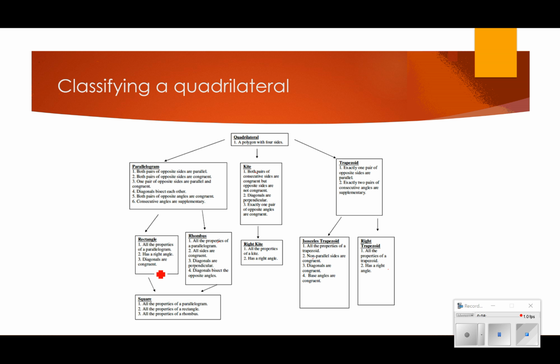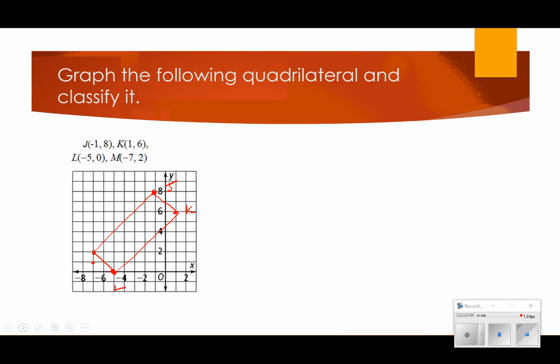And then we can decide if our opposite sides are the same, which we might just want to do. And then we've got to prove right angles. So actually, let's just go ahead and prove that.